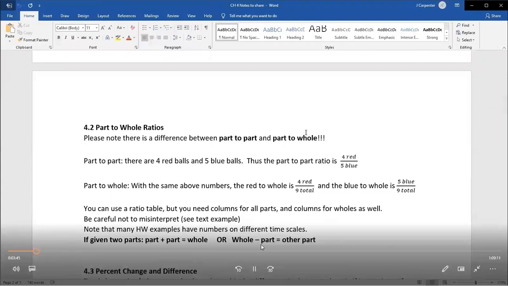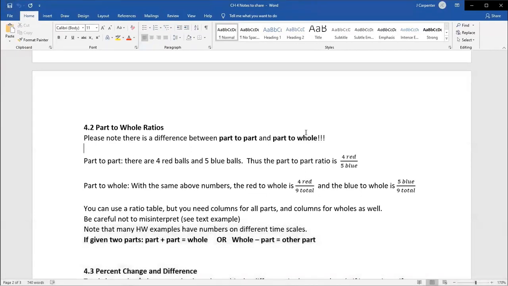So for instance, we talked about the percentage of students who are numerate enough to work in a car factory, an auto factory, whatever. So we compared the amount of people who were numerate enough to all the people. That would have been a part-to-whole. But instead, I could have compared the people who know enough math to the people who don't know enough math or are not numerate enough. That means the same thing.